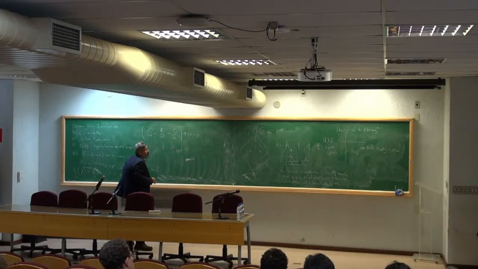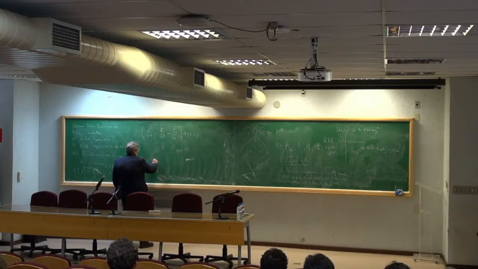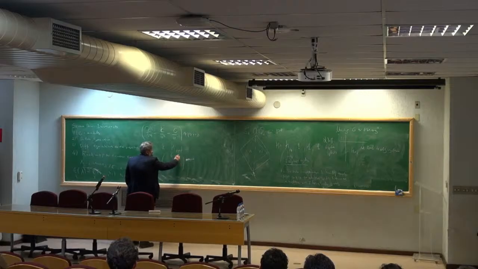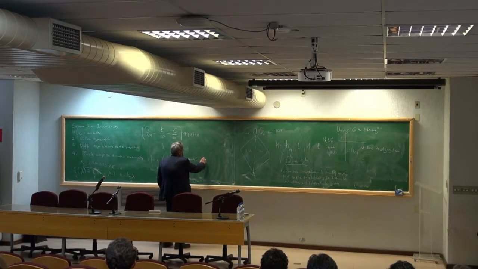So in the example of the three-dimensional cubic, K is, I always forget, is this correct? Almost. So what's wrong? And G, that's easier to remember, is this matrix.